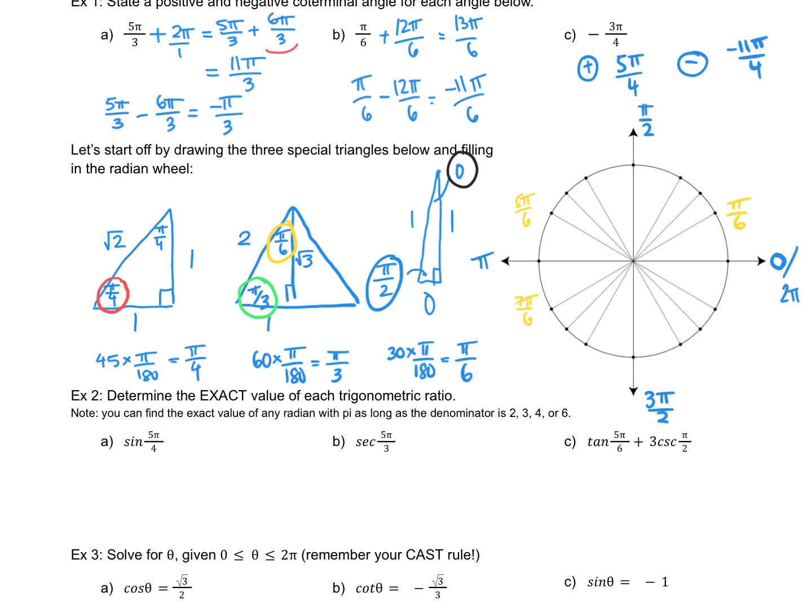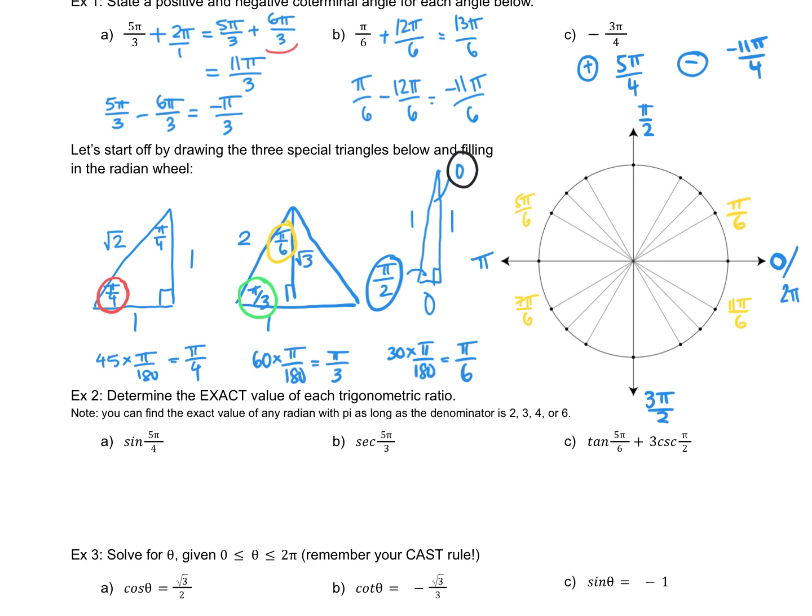And finally, in quadrant 4, I almost do a full rotation minus that little alpha. And a full rotation is 2 pi. 2 pi minus pi over 6 is 11 pi over 6. And those are the 3 angles in quadrants 2, 3, 4 that are related to our pi over 6 as our alpha, as that related acute angle.